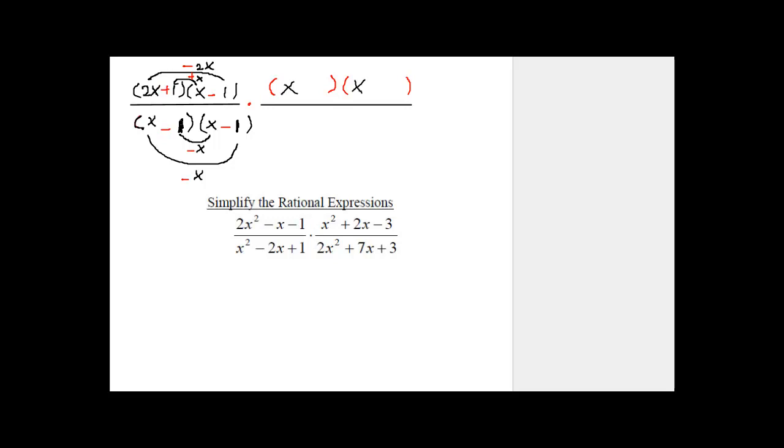And for this constant 3, the only possibility we could have is 1 and 3. So if I put 1 here and 3 here, then we want to make plus 2 once I multiply the two closest terms and two furthest terms. 3 must be positive, and 1 has to be minus. So it will be x minus 1 times x plus 3. That's how you factor this.